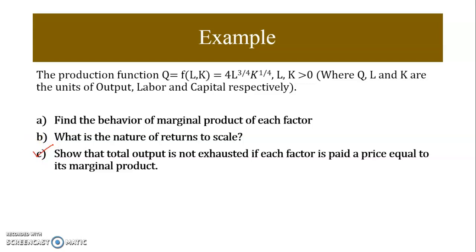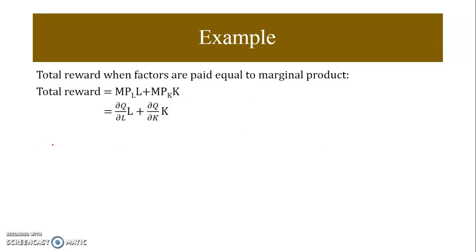is not exhausted if each factor is paid a price equal to its marginal product. So it is saying that when the total reward is calculated, when factors are paid equal to marginal product, we would say that MPL is multiplied with labor plus MPK is multiplied with capital.